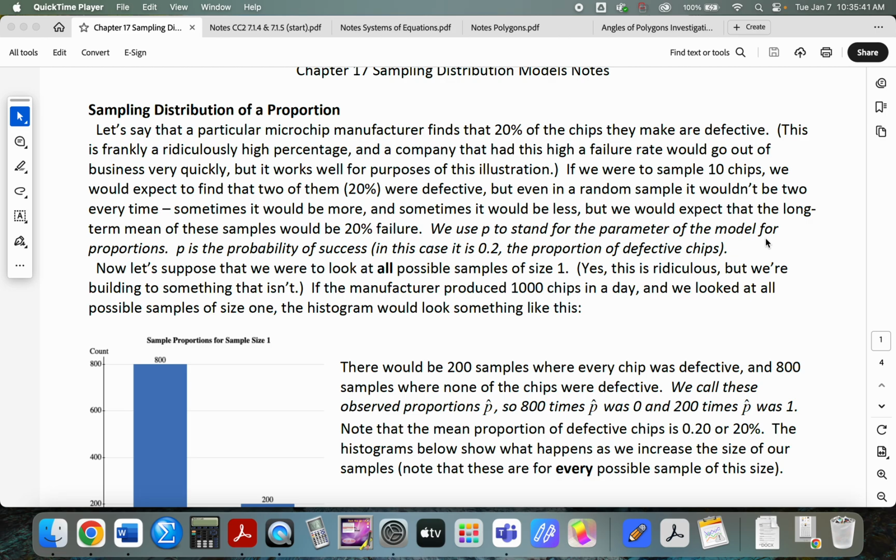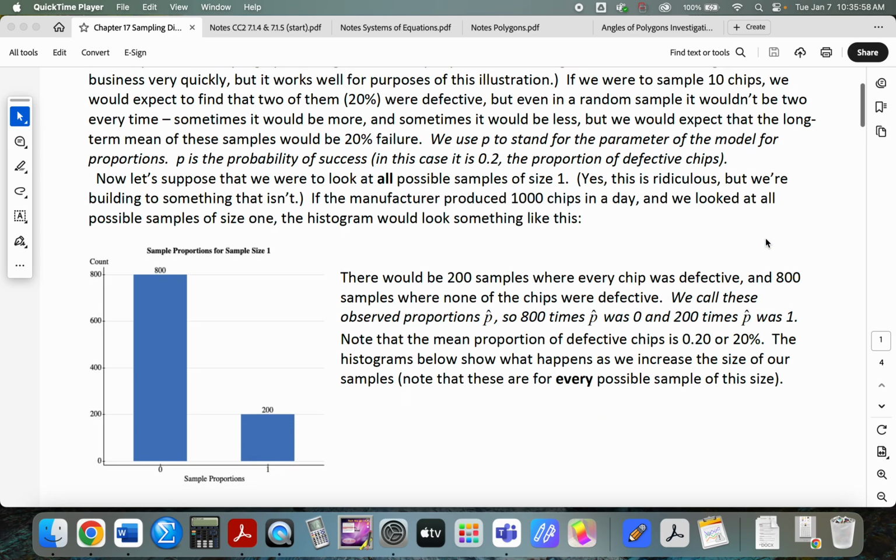So, let's say that a particular microchip manufacturer finds that 20% of the chips they make are defective. Yes, I know that's a ridiculous number. It just makes it easier to do this, right? They'd go out of business. If we were to sample 10 chips, we would expect to find 2 of them were defective, right?